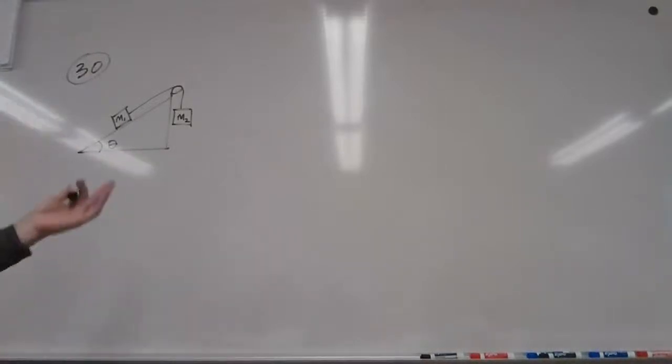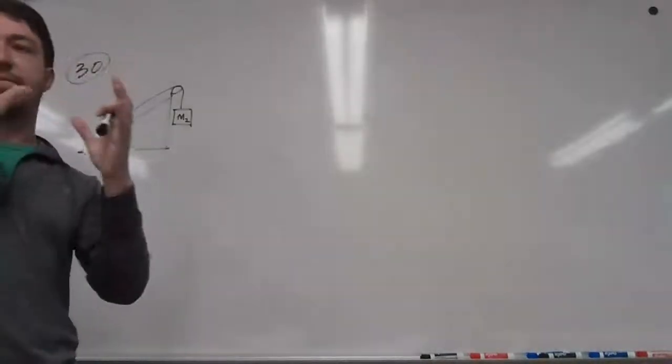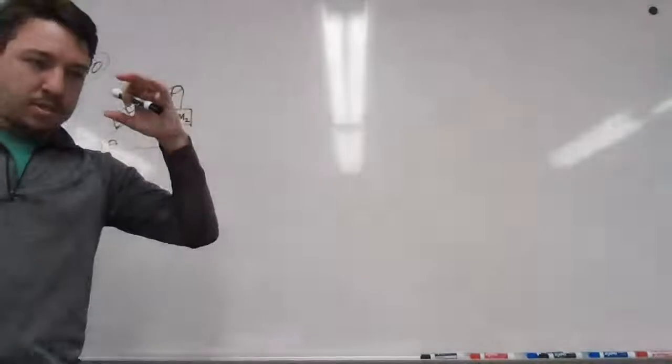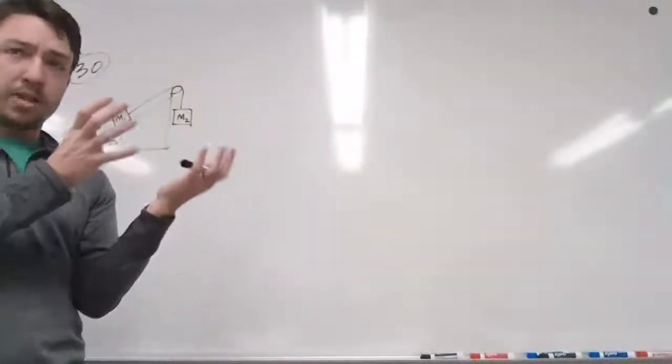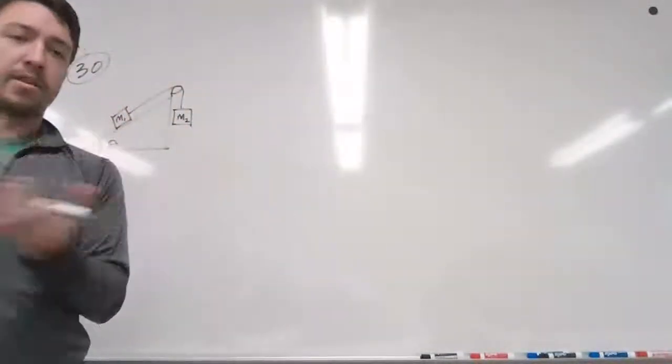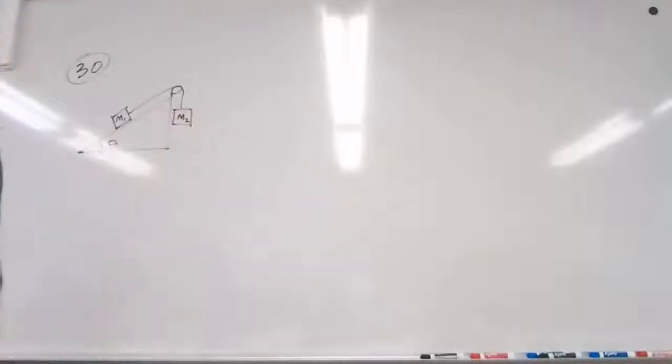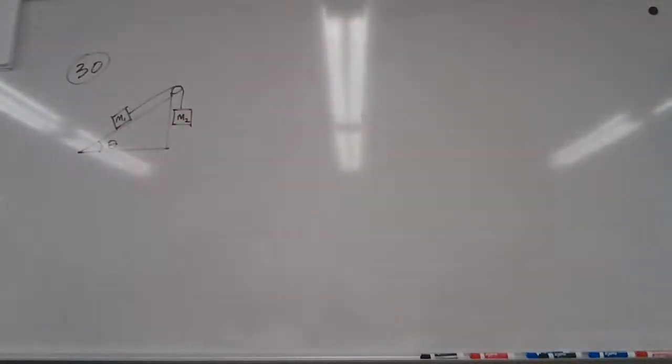It's probably the hardest part of a class like this, getting your mind in that mindset of setting it up as you would do with numbers, but where instead of every number, it's a symbol, like an M1 or M2. Okay? So this is frictionless. So not to be confused with the friction problems we did.